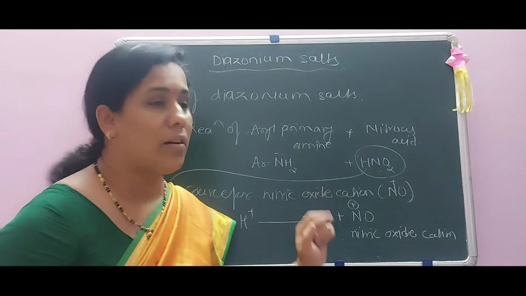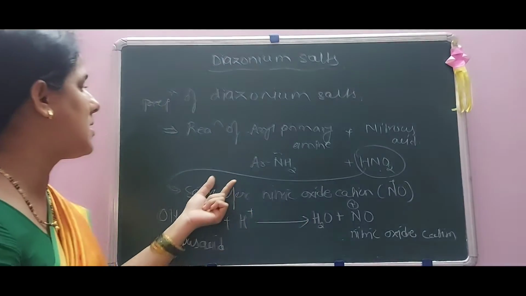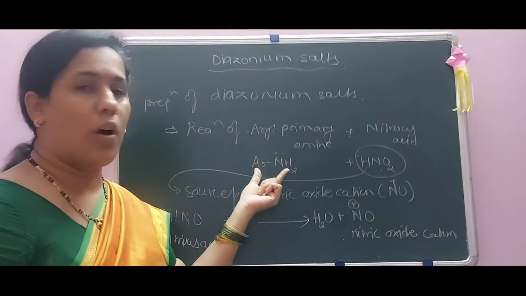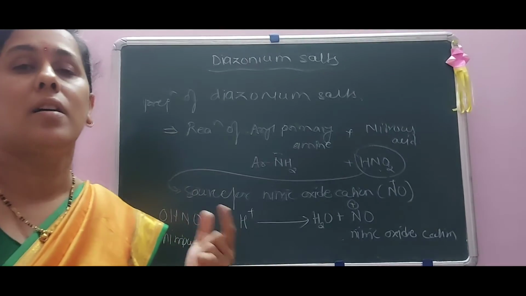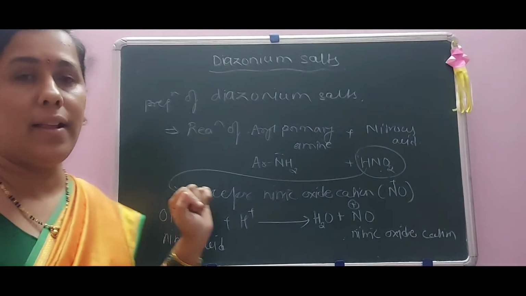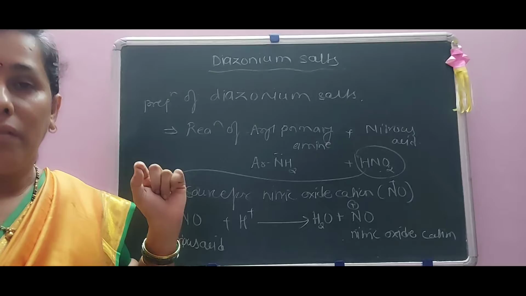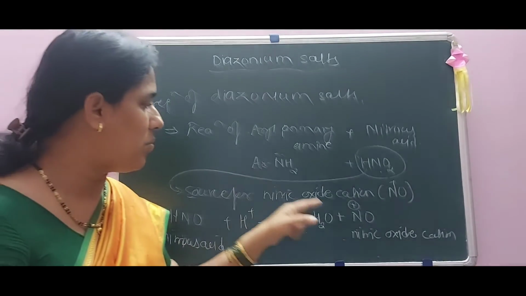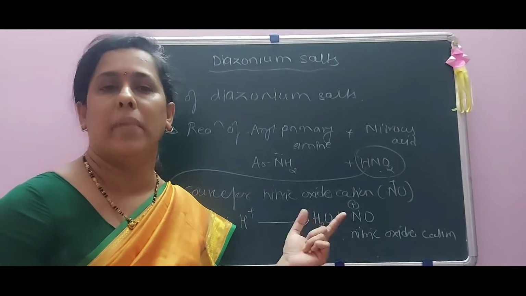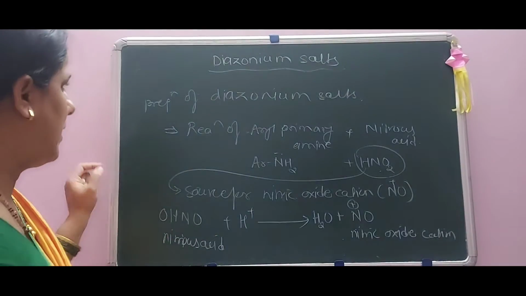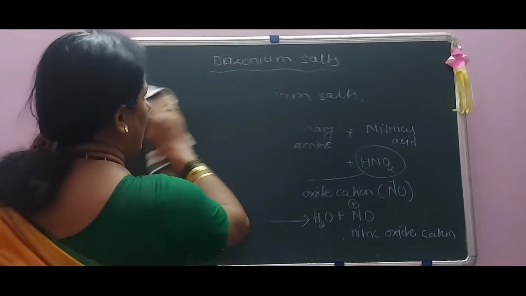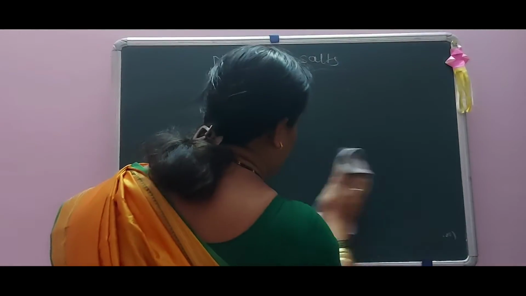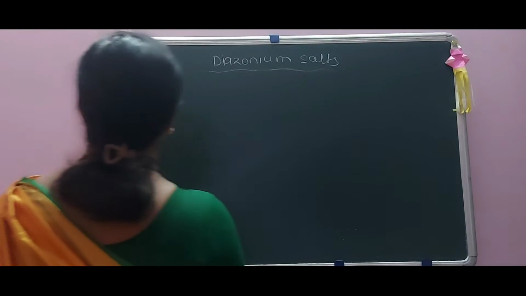Now this nitric oxide cation on reaction with the aryl amine gives the diazotized product, the aryl diazonium halide. We get benzene diazonium chloride or bromide. Okay, see the reaction first. How do we get this product here?